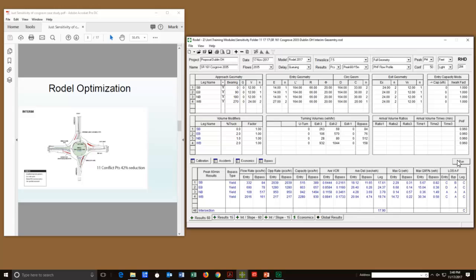So it's a very good indication that this, what we may call an interim geometry, would in fact produce acceptable operation and level of service even on the long-term traffic.